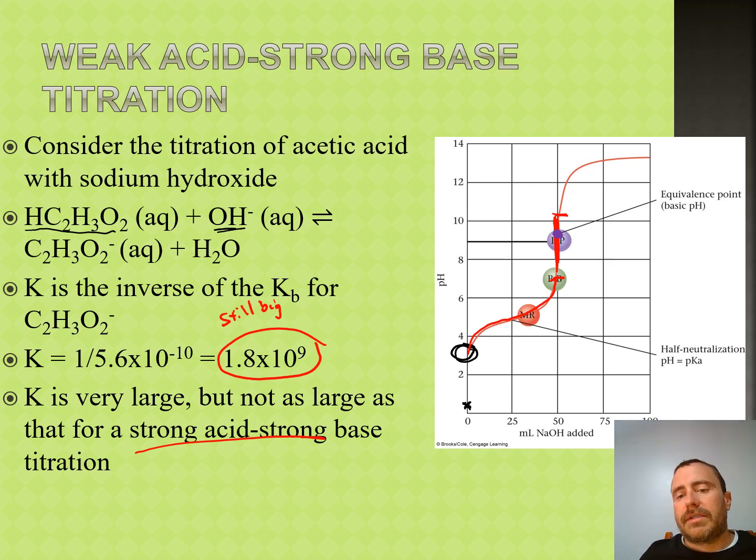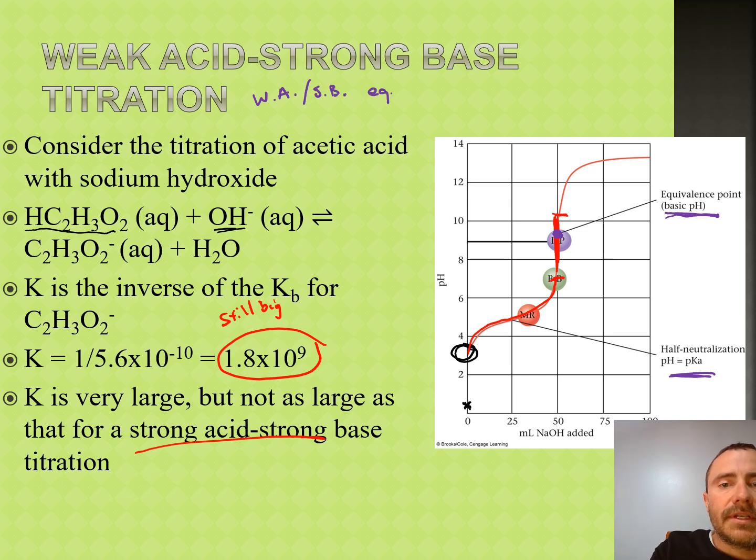All right, notice a couple of things that are marked on here. Number one, it has our equivalence point, and number two, it has the half neutralization. Now for a weak acid, strong base, notice that the equivalence point has a pH greater than 7.